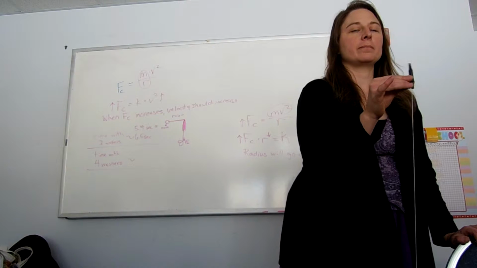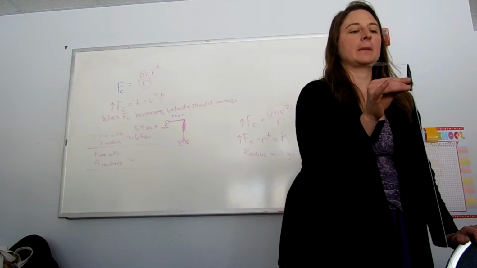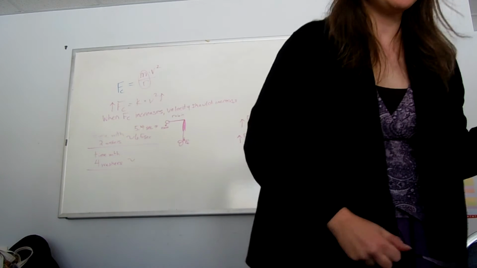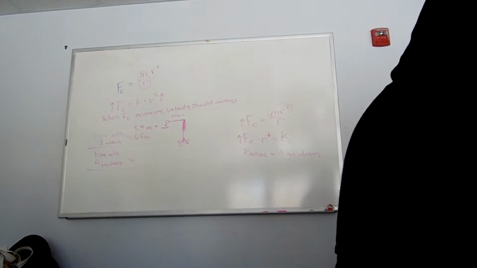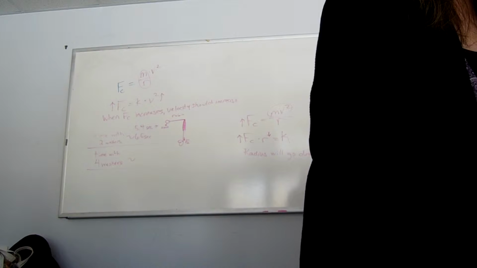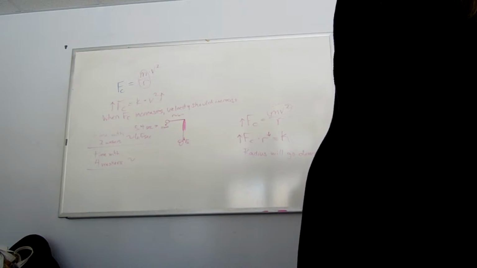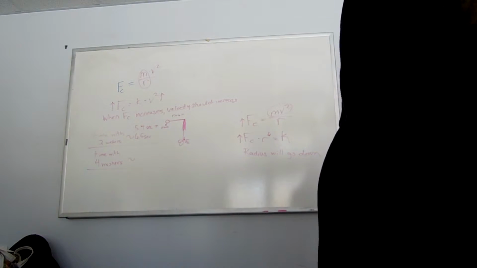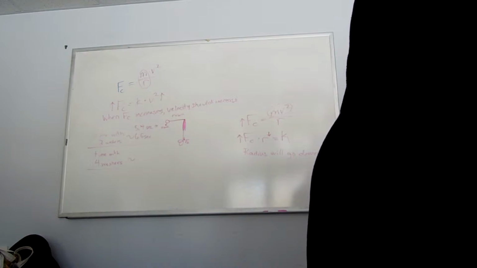Well, it might be doing more rotations, but it has to do 20 rotations in the time that it took before. So can we just change our length to longer? You'd have to redo the whole experiment. Yes, you could. And in fact, next year I might consider it.